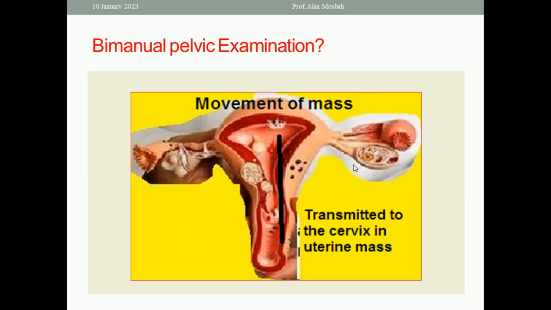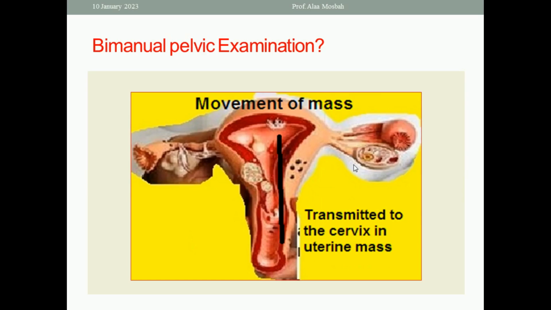By the way, because I forgot to say that, what about the movement of the mass by abdominal examination, side to side and up and down? I forgot to say it on abdominal examination. If the mass moves up and down and side to side, this is adnexal.